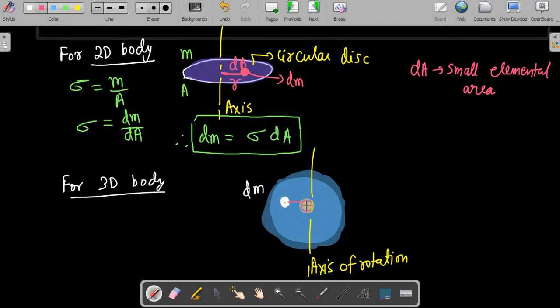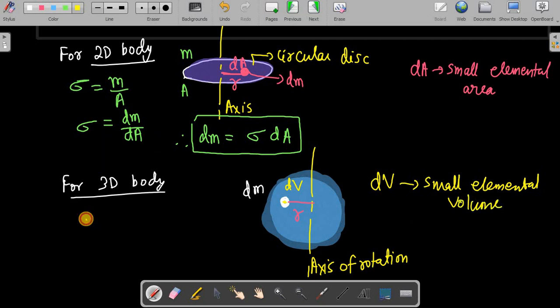In the same manner, this small mass is at a distance of r, let us say, this r may be changing, and here this is a small volume dV. So here dV refers to the small elemental volume, or the volume of the element. So you define here rho as total mass by total volume.